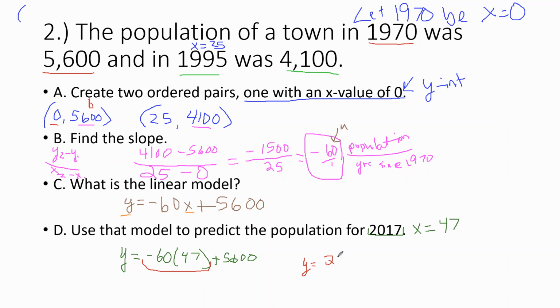Beautiful. So assuming that our population continues to decrease by 60 people a year, in 2017 we'd have 2,780. The big thing with linear models is that you predict the same increase or the same decrease every year or every time period, that constant change.